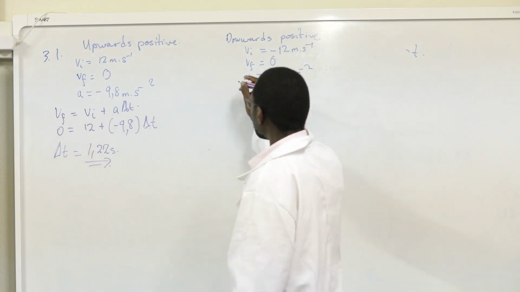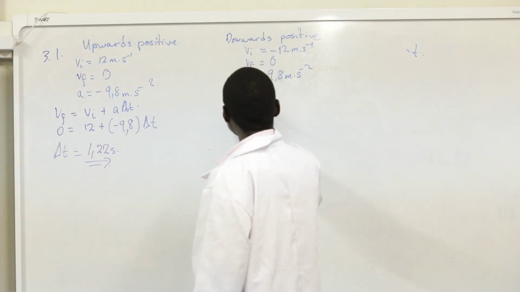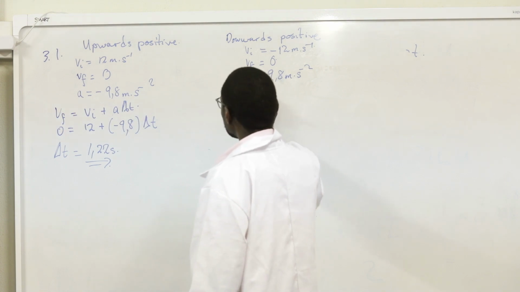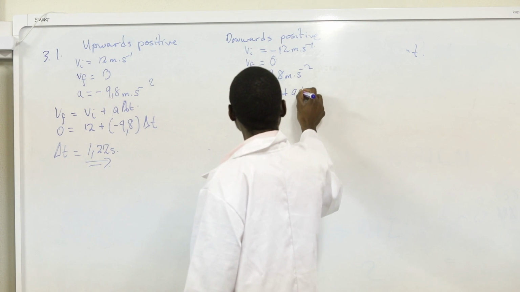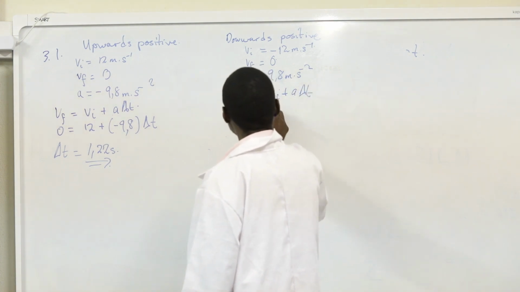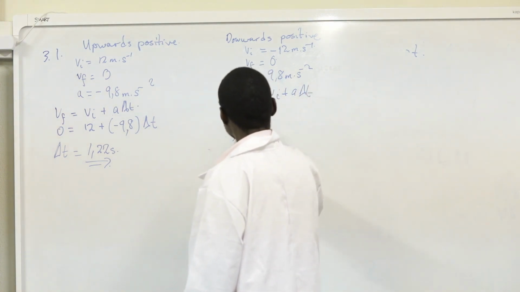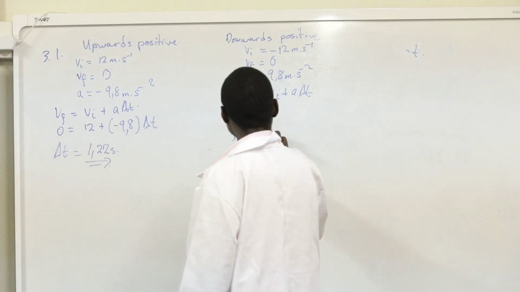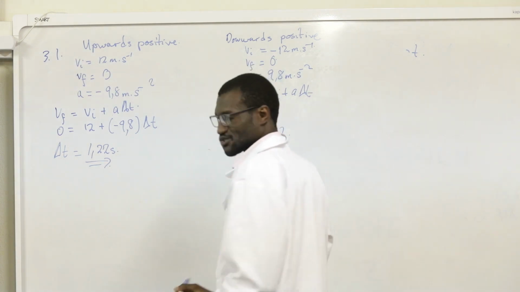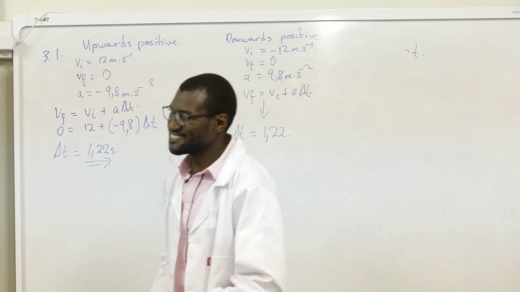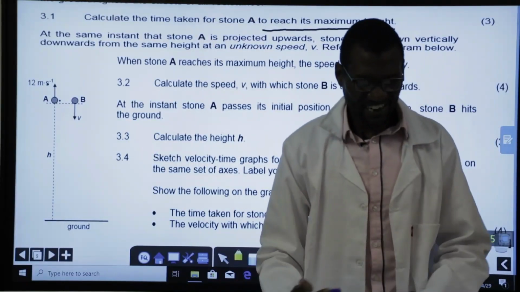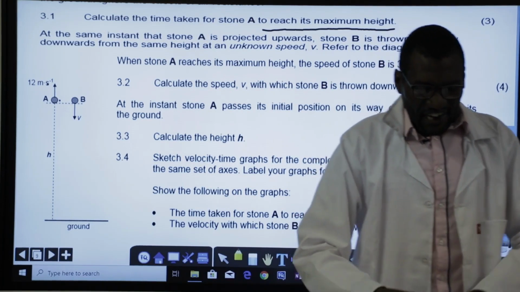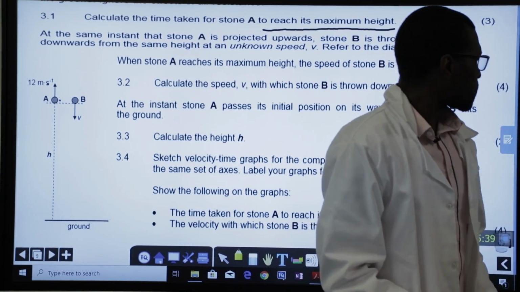All right? In this instance, once again, substituting into Vf equal to Vi plus a times change in t, they will come up with the same answer, change in t equal to 1.22. You can try it, you will still come up with the same answer.